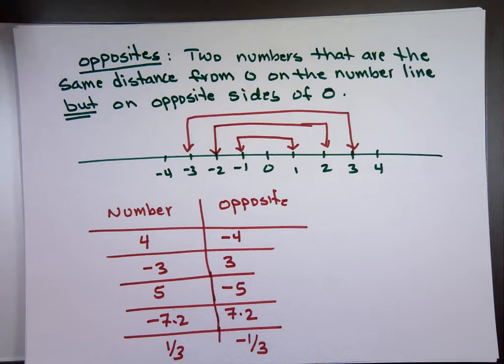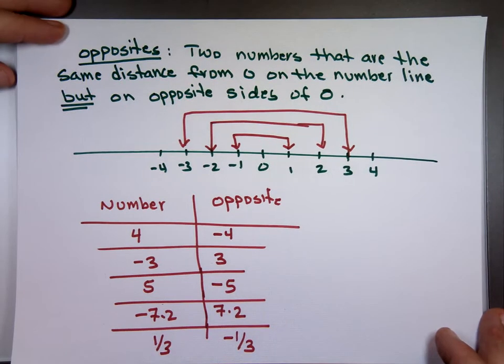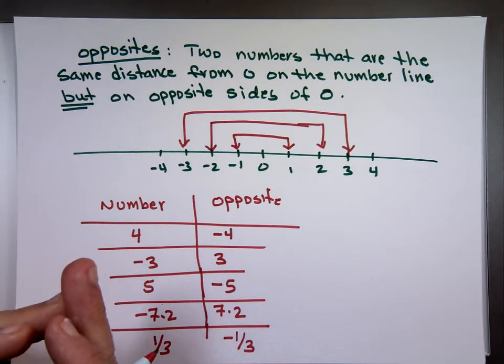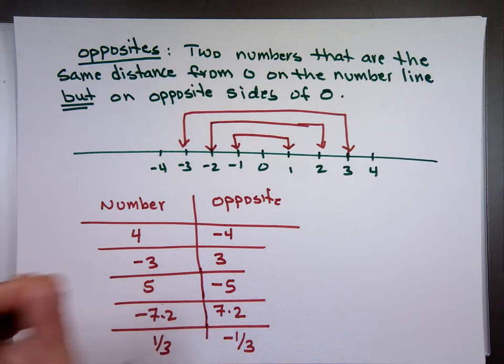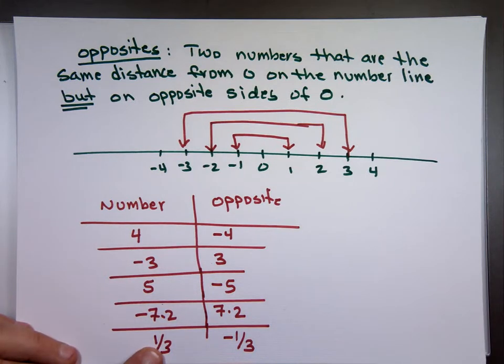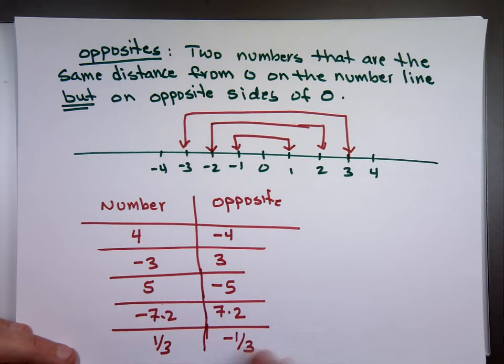Because the definition says two numbers that are the same distance from 0 on the number line, but on opposite sides of 0. The only ones will be these numbers. 5, we have negative 5. Negative 7.2 has to be 7.2. The 1/3 has to be the negative 1/3. We just change the sign of a number.